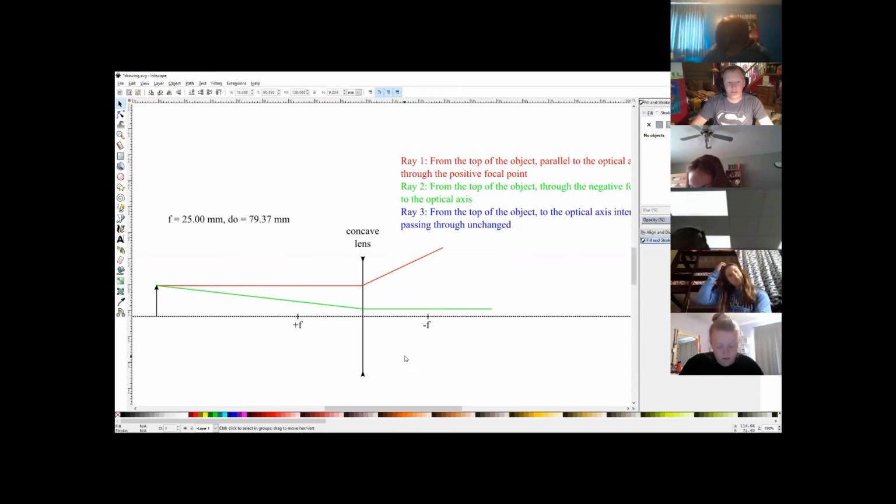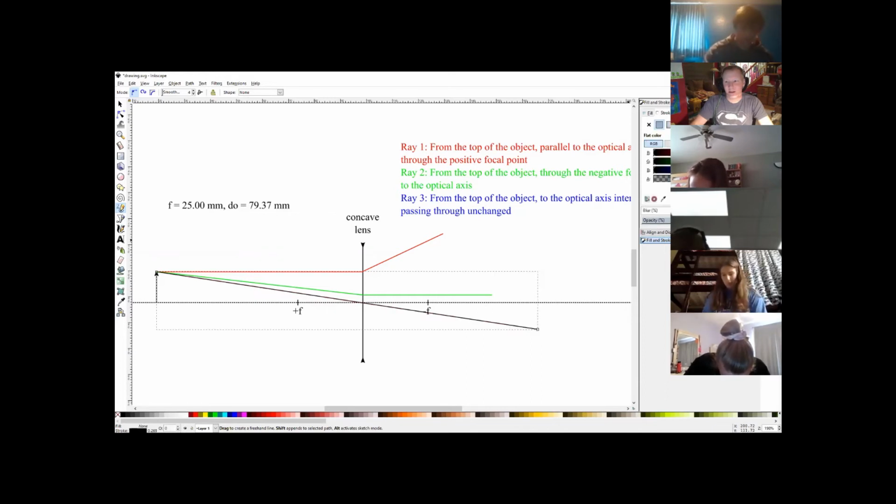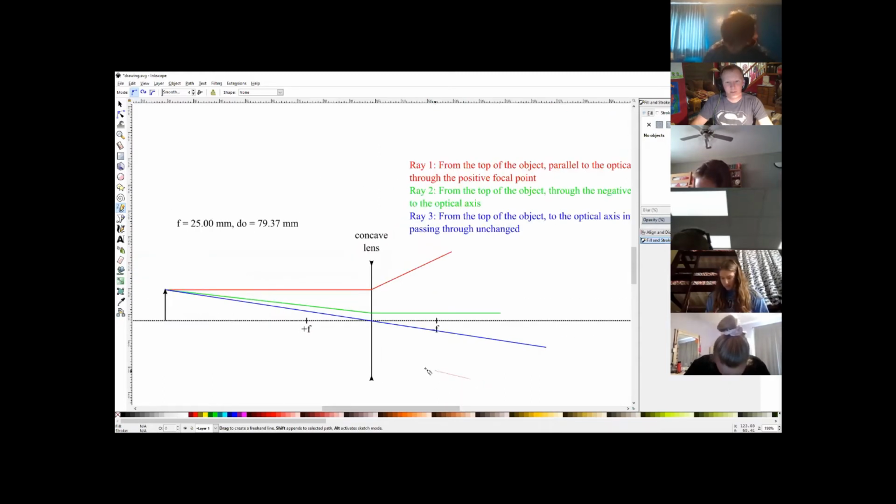Like that. And the third one, as usual, is the easy one, because if it goes through the center of the lens, either type of lens, it continues on straight.